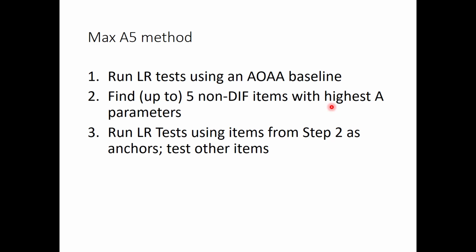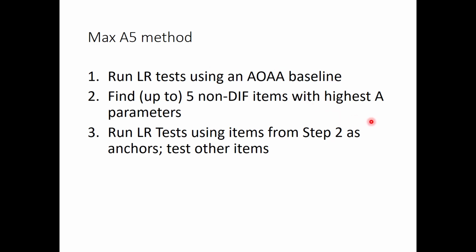Now, why don't we just choose all the items that don't have diff from the first run? Well, as it turns out, since you can only test items for diff that are not your anchors, if you were to have a problem in this first run where you're using all the other items as anchors, if you accidentally find no diff for a diff item, then that item becomes one of your anchor items.